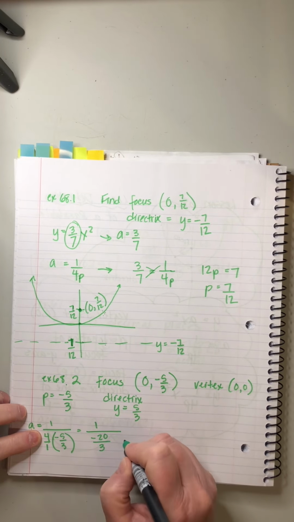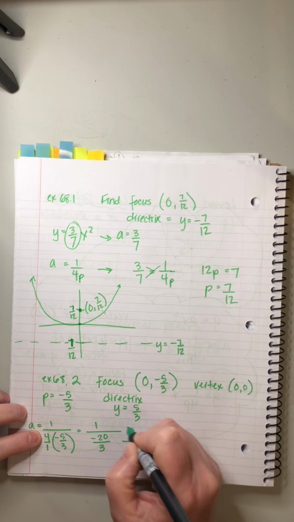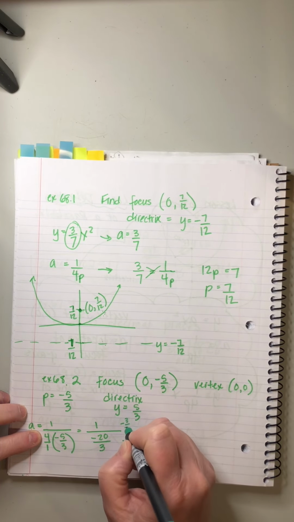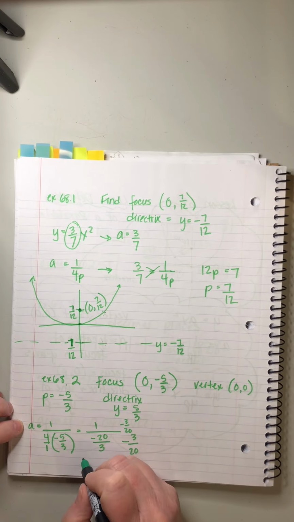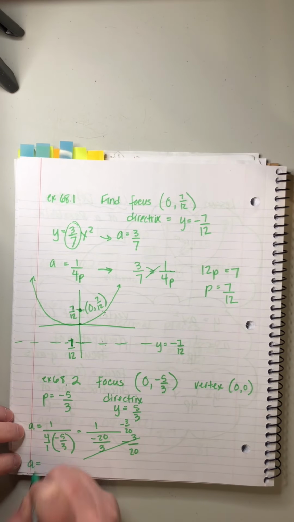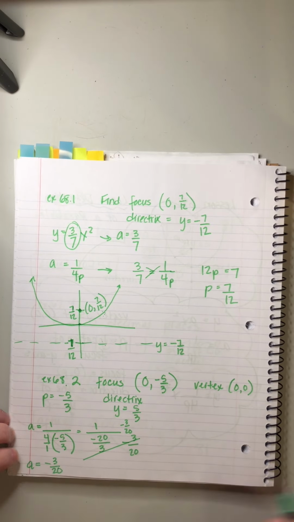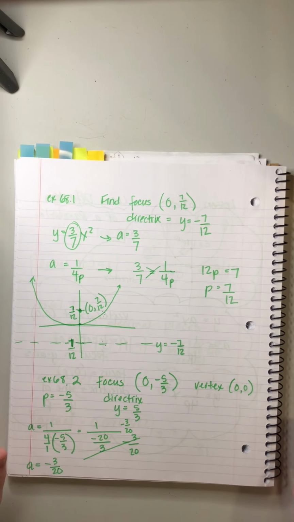So we're going to multiply it by -3/20, top and bottom. Getting a little messy here, right? So then this cancels, it becomes +1. And a equals -3/20.